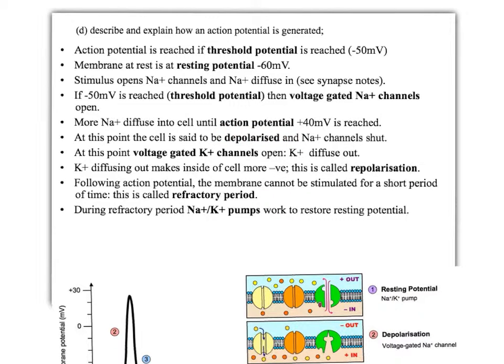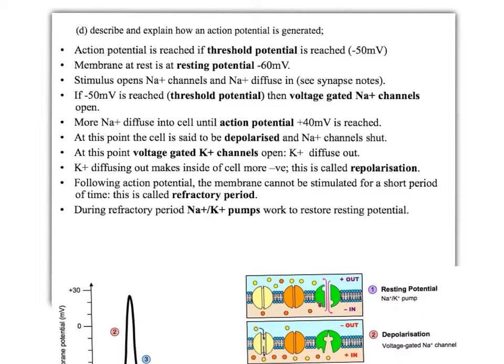Okay, so if you like, we start off at resting potential, and if there's some leakage of sodium ions into the cell, which allows the cell to reduce its potential across the membrane to this threshold potential of about minus 50 millivolts, voltage-gated ion channels open, and then suddenly we reach about plus 40 millivolts, which is known as action potential.